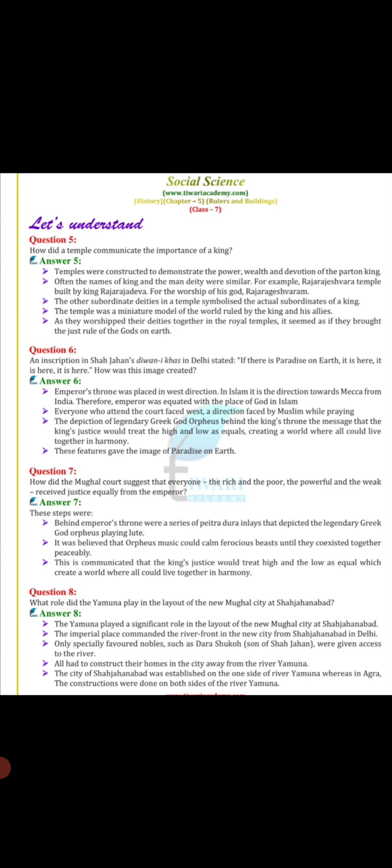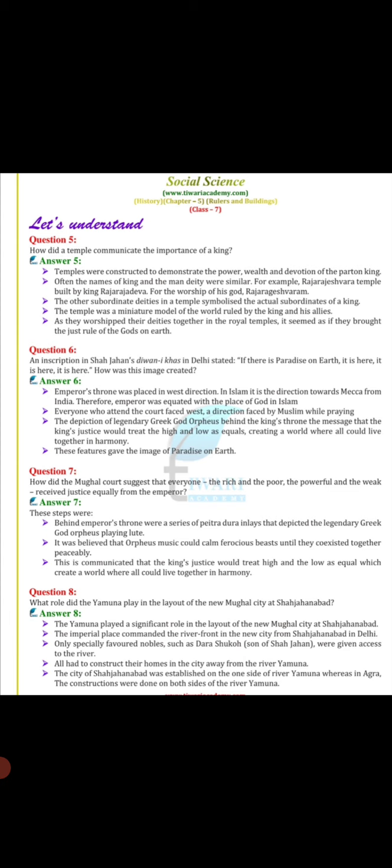It was believed that Orpheus' music could calm ferocious beasts until they coexisted together peaceably. This communicated that the king's justice would treat high and low as equal, which creates a world where all could live together in harmony.